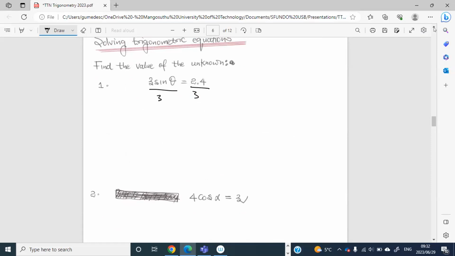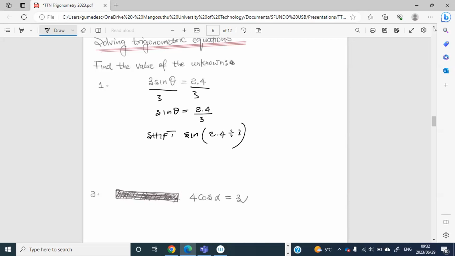And when you divide by 3, both sides, it means we'll have sine theta equal to 2,4 over 3. So now, again, we'll do the same thing, that shift sine, (2.4 over 3).